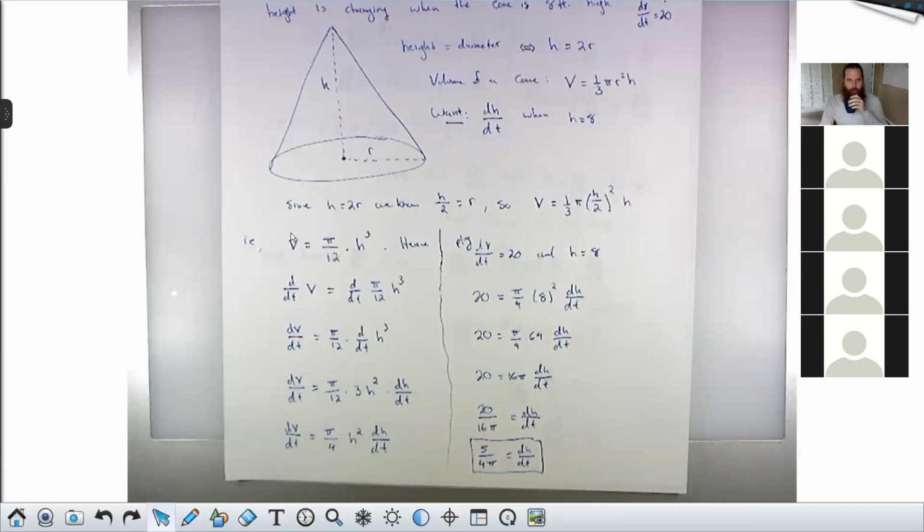What else are we thinking? Does everybody see where this came from? So I have this constraint that h is always 2r, and that allows me to simplify my volume equation down to this, which is easier to differentiate.